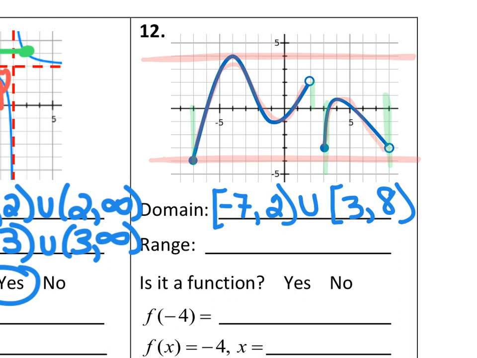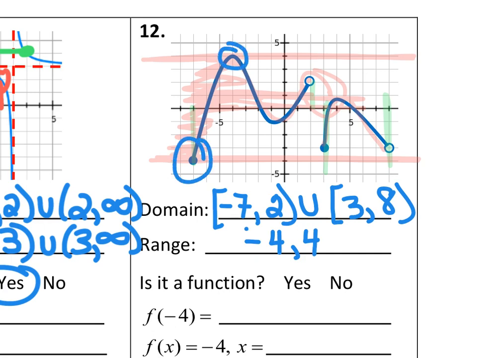Because even though the graph is broken here, those y values are accounted for over here. So we have y values everywhere from negative 4 to positive 4. And so our range is going to go from negative 4 to positive 4, and because of this closed circle, and because of this point touching, both ends of the range are going to have a square bracket.